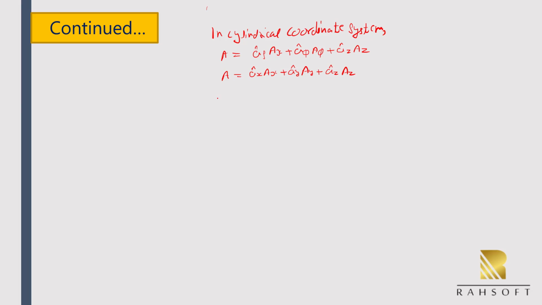And we know that A_x is equal to the dot product of A and unit vector a_x, which is what we are calculating here.